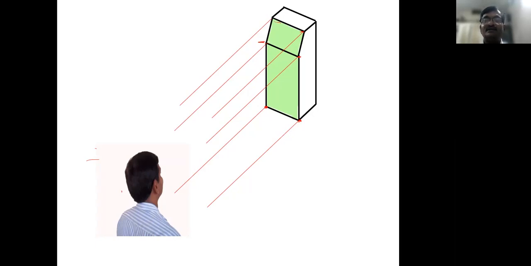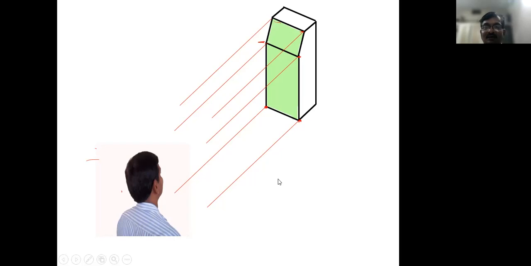In a theater, the rays are forwarded from the projector and strike the screen. The same principle is used here. From the sun to the earth, the rays are also parallel to each other. So here also the rays from the corners are parallel to each other.